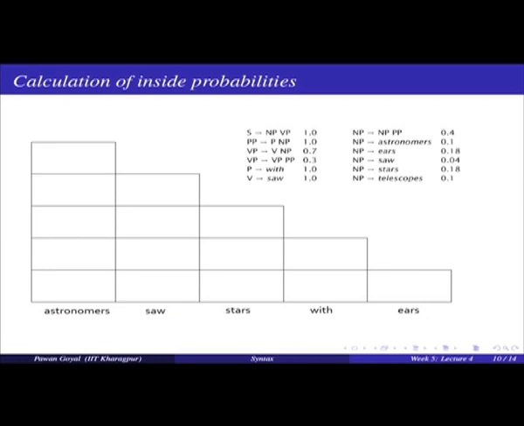How do I go about it? Looking at the table, you can see that we will be doing something very similar to what we did in the case of the CKY algorithm. But now we will focus on filling up the inside probability of deriving this from the particular non-terminal. So, let us just try to fill in some entries here.